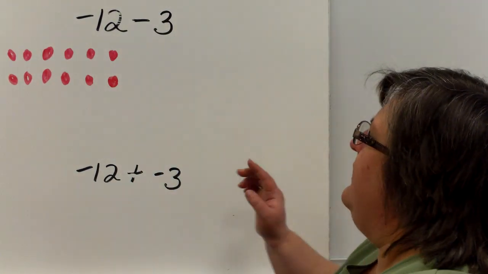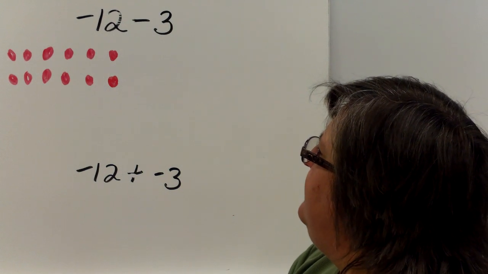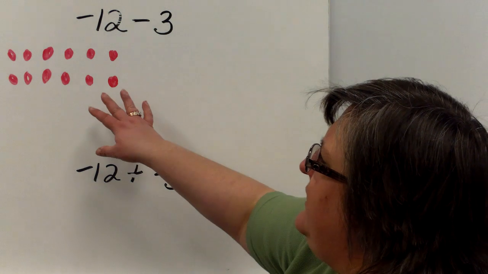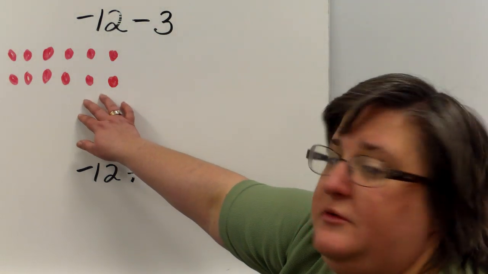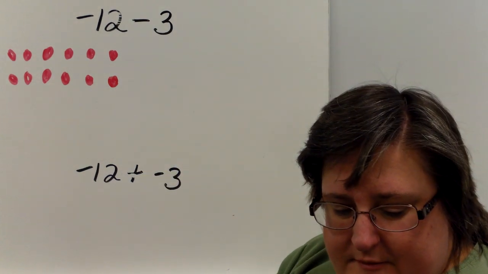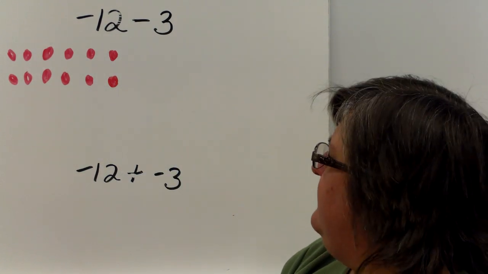Let's take a look at a few more. Here we have negative 12, and we're trying to take away 3. Again, you can imagine the visual. Here's 12 negative, and we're trying to take 3 away, but there aren't 3 positives to be had.